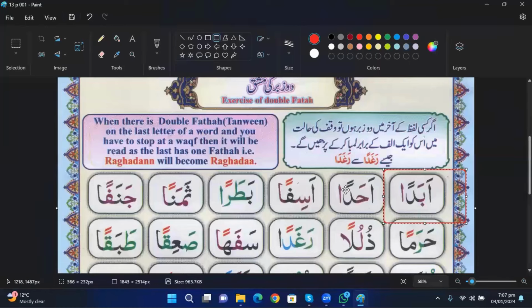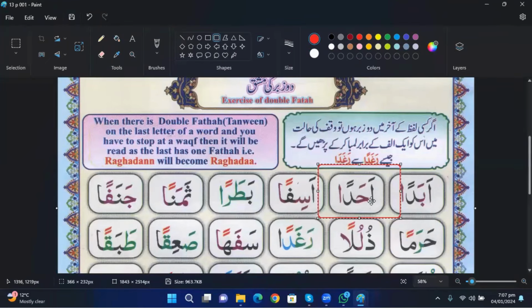For example, there is the word hamza fatha a, ha fatha ha, aha, dal double fatha dan, ahadan. Do the spelling four to five times. Make sure that they join the letters properly. Then you can tell them that dal double fatha is not shown in red color, that's why we read it with a clear sound.